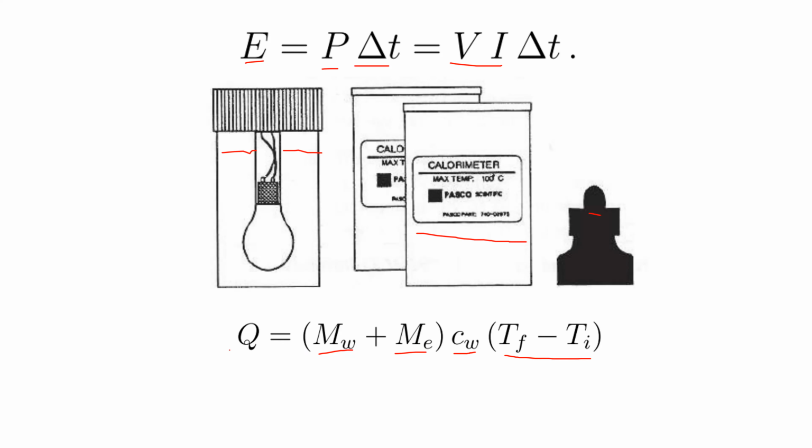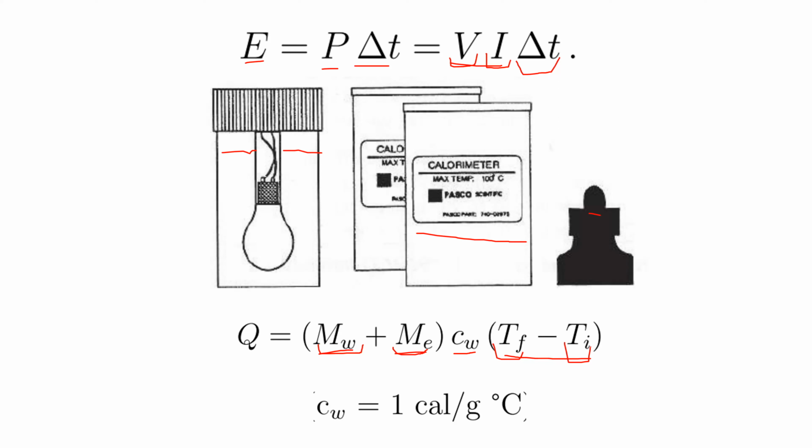As we're going to try to get heat in calories, we're going to use the specific heat of water in calories, which is exactly 1 calorie per gram per centigrade. That is the definition of a calorie. So therefore we need the voltage, the current, the change in time, the mass of the water, the mass of the calorimeter, the final temperature, and the initial temperature.